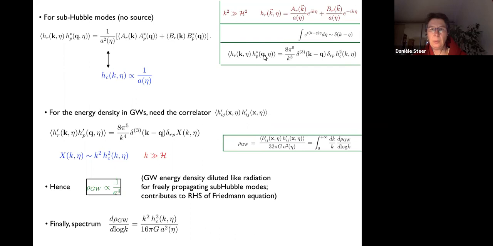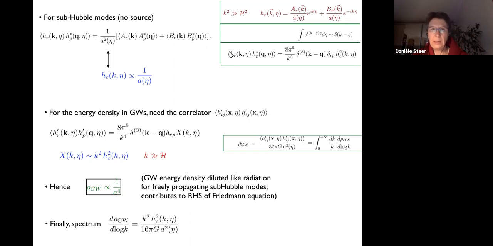As I think you can do it in your head, there's going to be a factor of A squared from the product. So here's the factor of A squared. And then there are going to be 4 terms: a term in A A star, a term in A B star, a term in B A star, and a term in B B star.